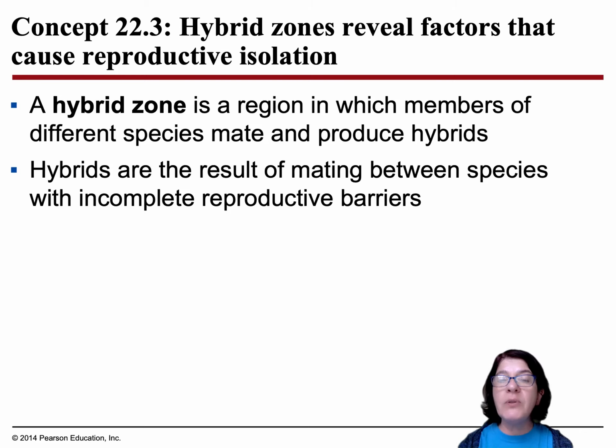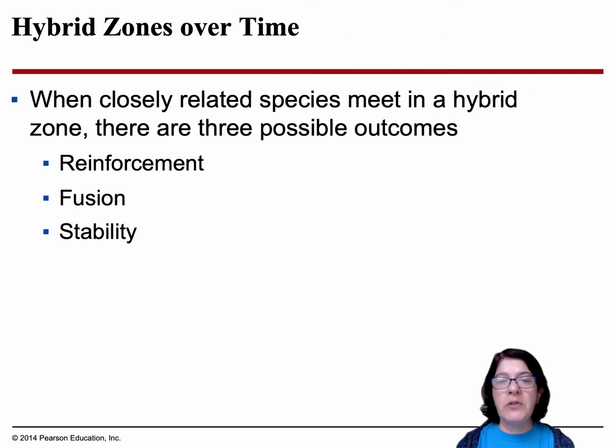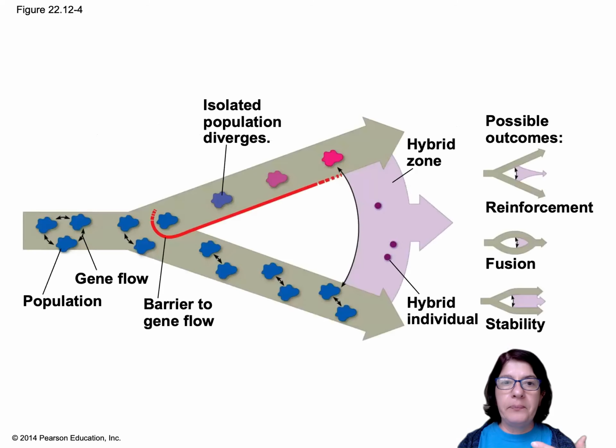So they're so closely related to each other that their reproductive barriers are not very good, essentially. When closely related species meet in a hybrid zone, there are three possible outcomes. They can have reinforcement, which reinforces the separateness of the two species. You can have fusion, which means the two species become a third species, or stability.